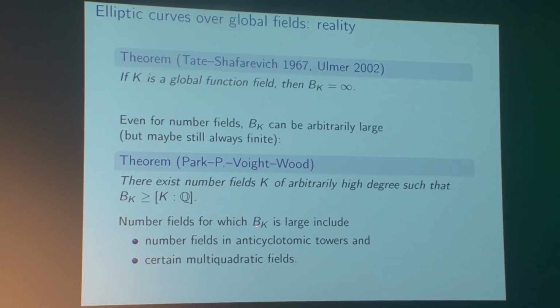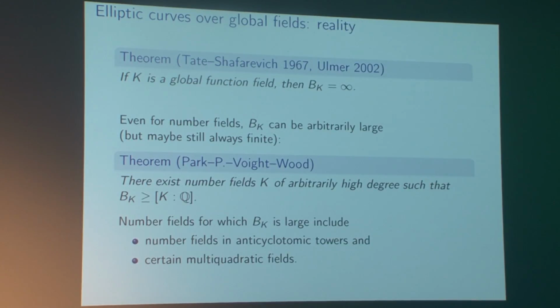You can either use number fields inside anticyclotomic towers and construct elliptic curves of high rank by using Heegner points, or you can start with Q and join a bunch of square roots to get a multi-quadratic field. Over certain fields of that type, you can also prove unconditionally that you can find elliptic curves of high rank infinitely often.